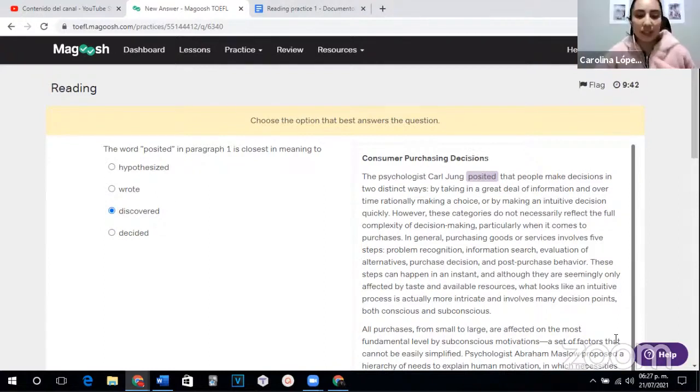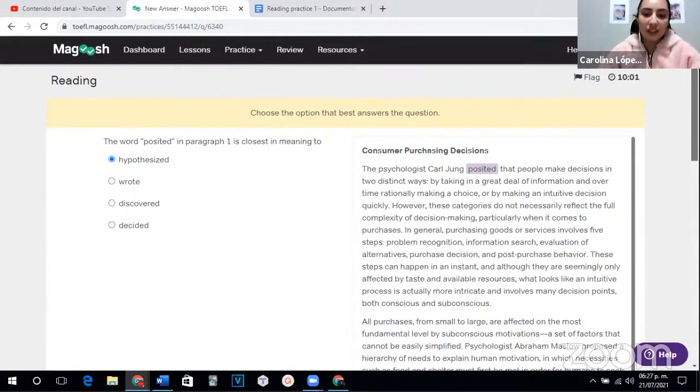I think both could be. I don't know, but I will say hypothesized, because I think it's more, I don't know how to say, que va mejor relacionado con su área, ya que él es un psicólogo. Yeah.